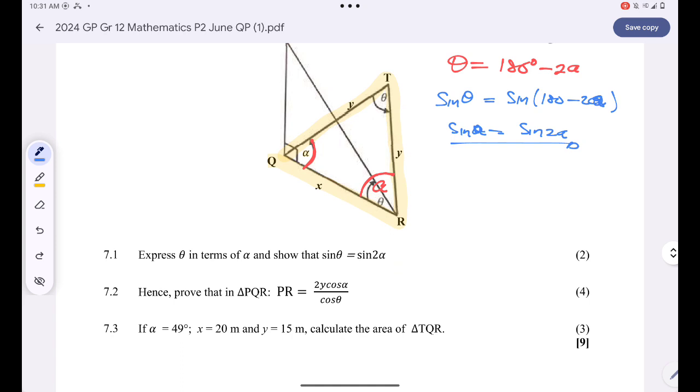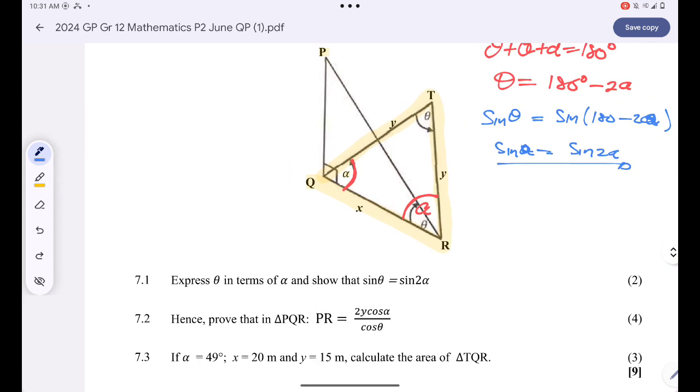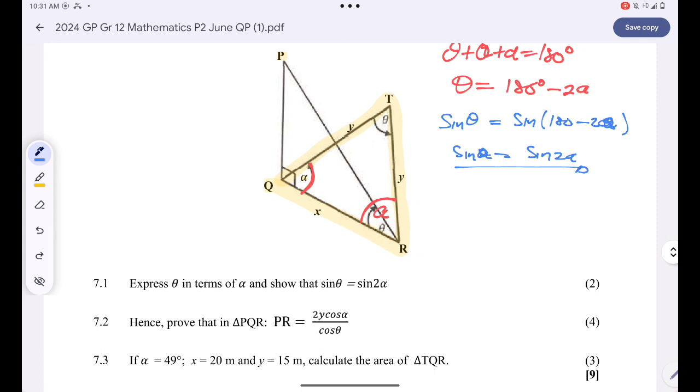Okay, now they want us to show that PR is equal to that. For us to show PR, we must find the length of QR first. How can we find QR? We can find QR by simply using the sine rule.